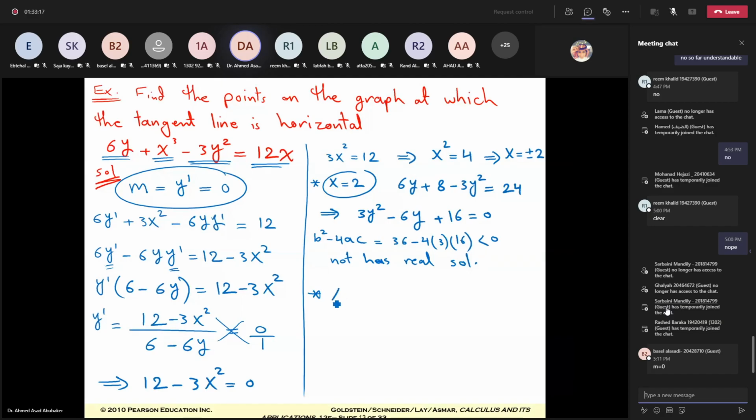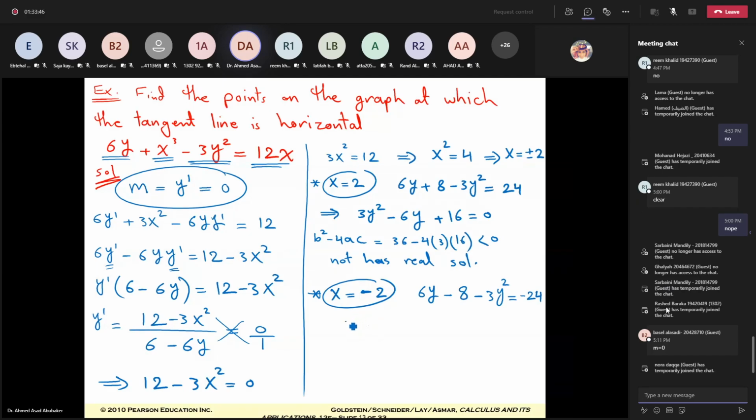Okay. At x equal negative 2, we have 6y minus 8 minus 3y squared equal negative 24. So we have 3y squared minus 6y minus 16 equal 0.